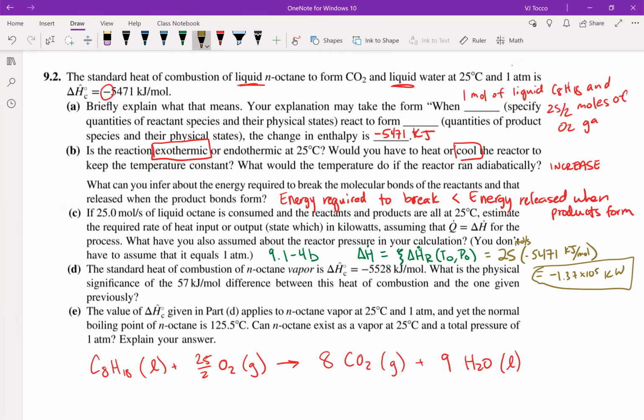And that is going to be a heat output in kilowatts. So you could say that the heat output is 1.37 times 10 to the fifth. And I've also assumed that the reactor pressure is not necessarily 1 atmosphere, but that whatever pressure it is is low or moderate, such that the heat of reaction is not a function of pressure, only temperature.